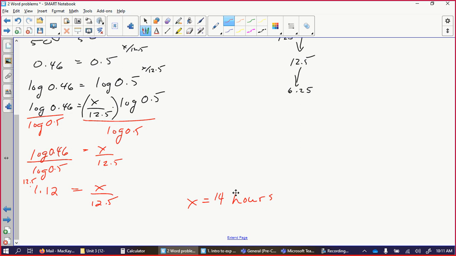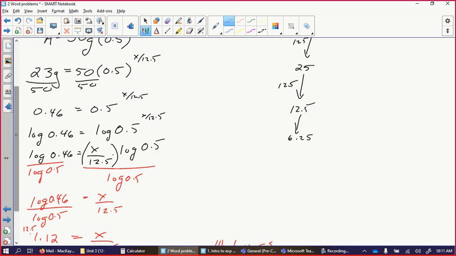Not that most people have to calculate them, but radioactivity is an important thing. These half-lives can be in terms of years. It takes carbon 12, the half-life is like 4,400 years. So in this case, X is hours.